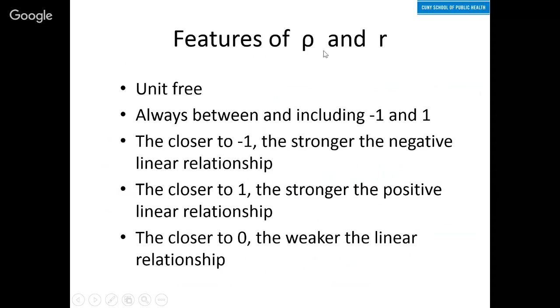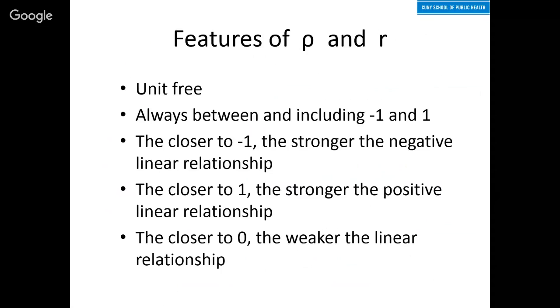A few things to remember about the population and the sample correlations. One, it is unit free. So regardless of whether we're talking about moles, micrograms per milliliter, years, kilograms, or anything else, it's always between -1 and 1, regardless of the units.